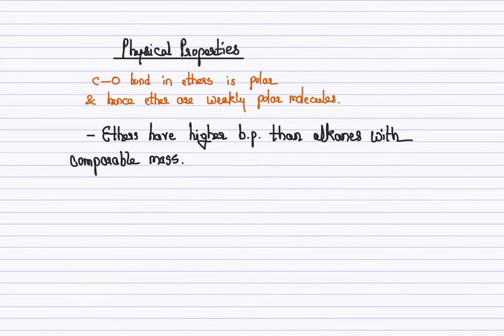Generally, if you compare the number of carbons in an ether with 4 carbons, and if you take an alkane with 4 carbons, I think ethers would have slightly higher boiling points. That's all.